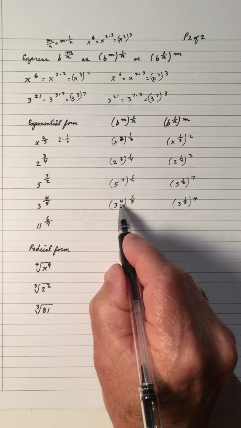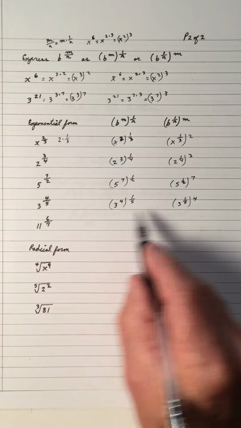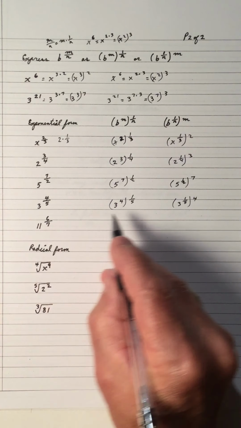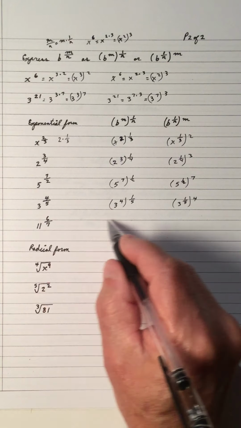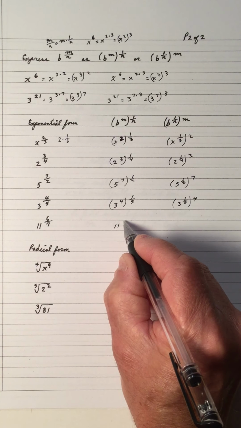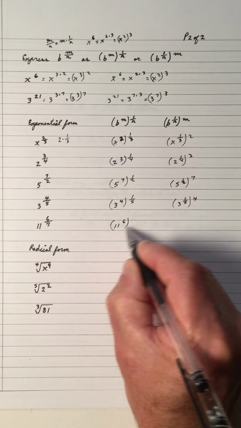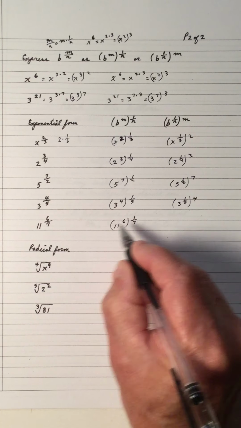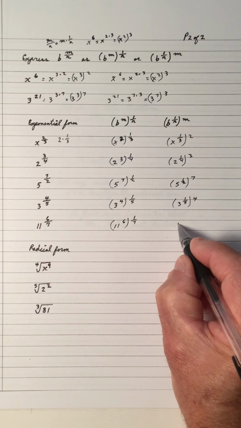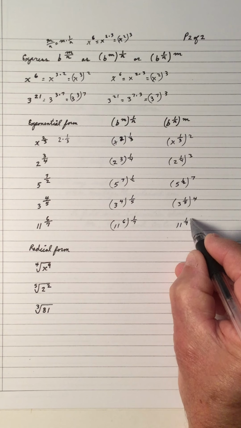So again, 4 times 1/5 is 4/5. 1/5 times 4 is 4/5. And the last one right here, we have 11 to the 6 power. And notice 6 over 7 is the same as 6 times 1 over 7. So it's 11 to the 6 to the 1/7.